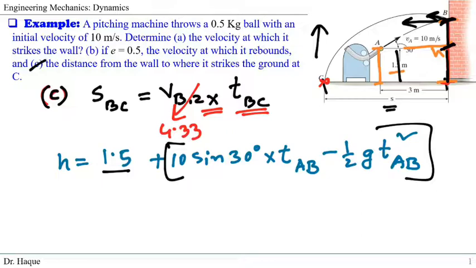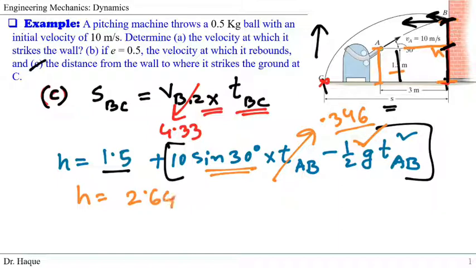This time it will be the time TAB, which we already figured out in part A, which is 0.346. g, we already know. 10 sine 30, we already know this. TBC is the same. We know 0.346, so we can find h, which would be 2.643 meters. Check your answer.